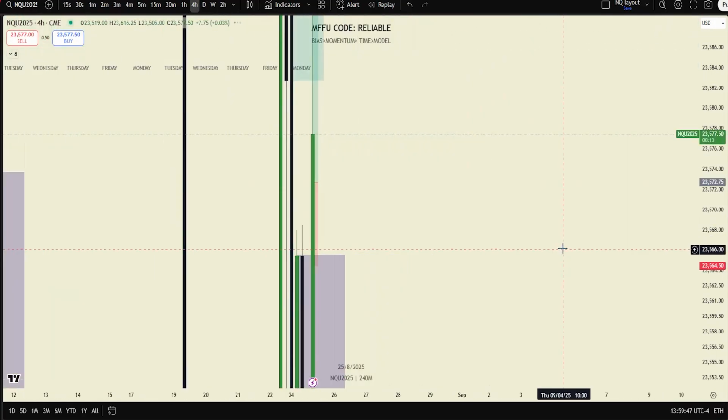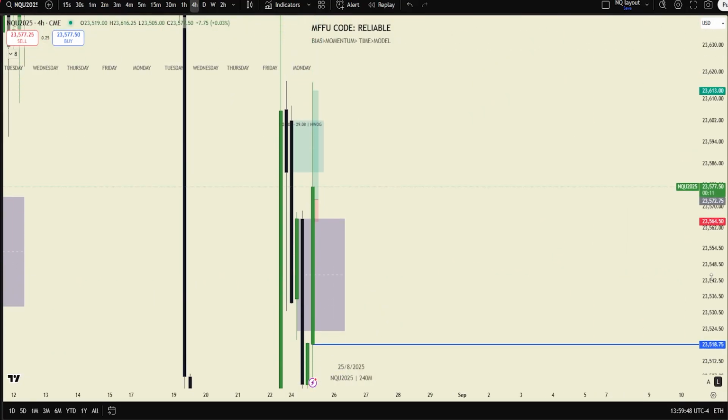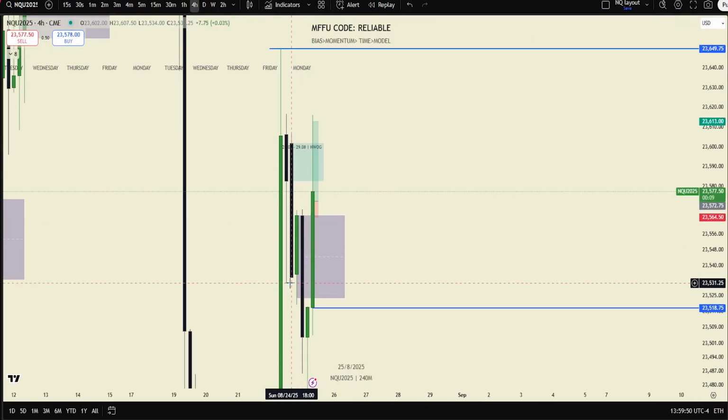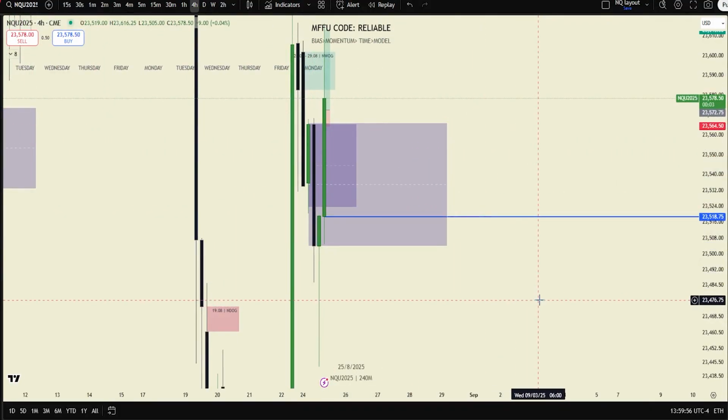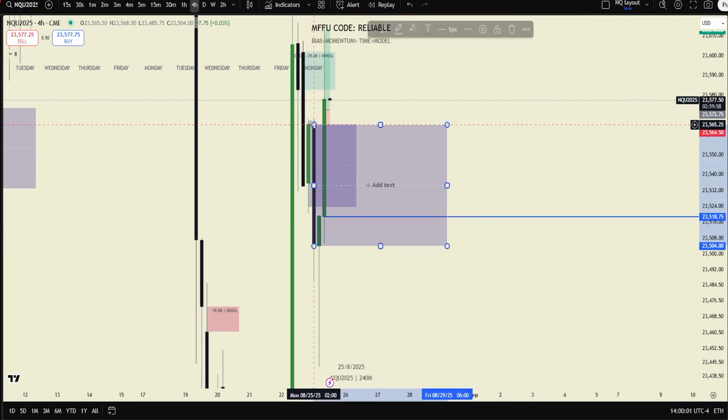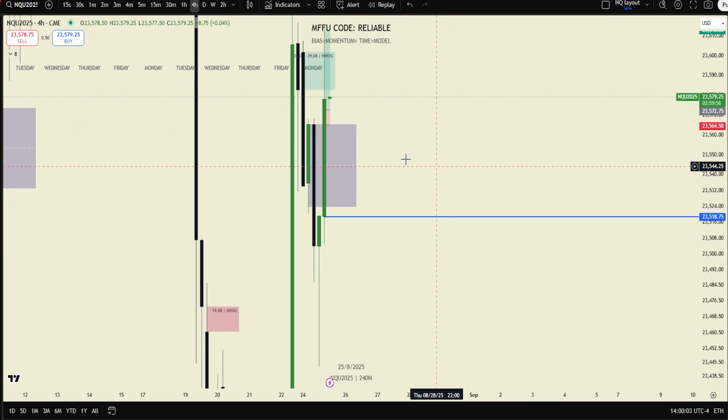Also, I'm pretty sure, oh no, this will just be the next 4-hour candle, but we'll see a 4-hour order block here. Right, this is a 4-hour OB. And a 4-hour breaker. So there that is.